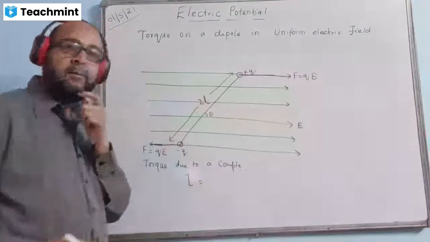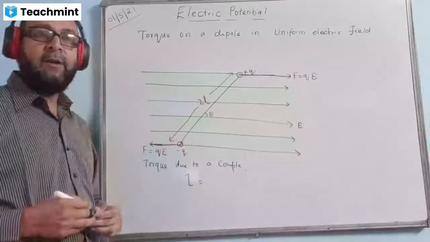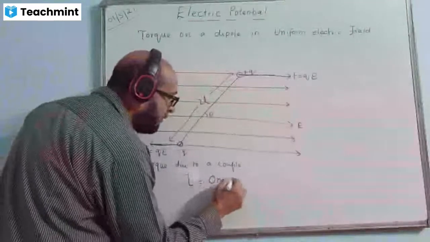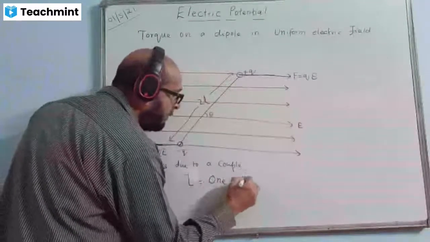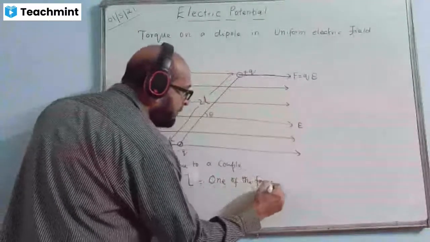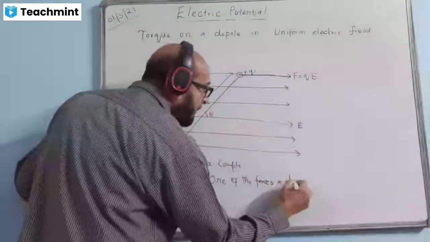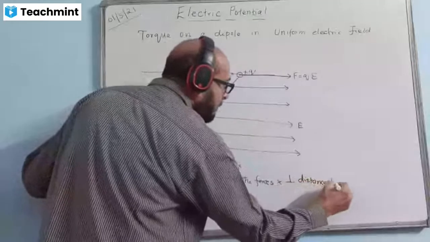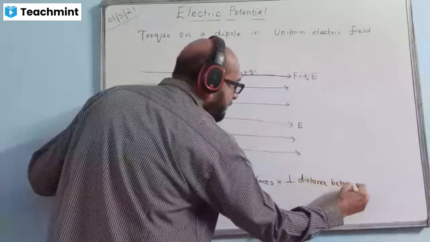The torque formula due to a couple is one of the forces, not both the forces, one of the forces, into the perpendicular distance between them.